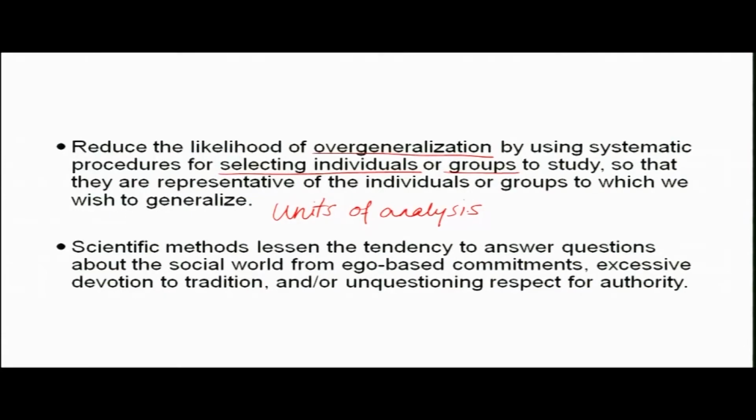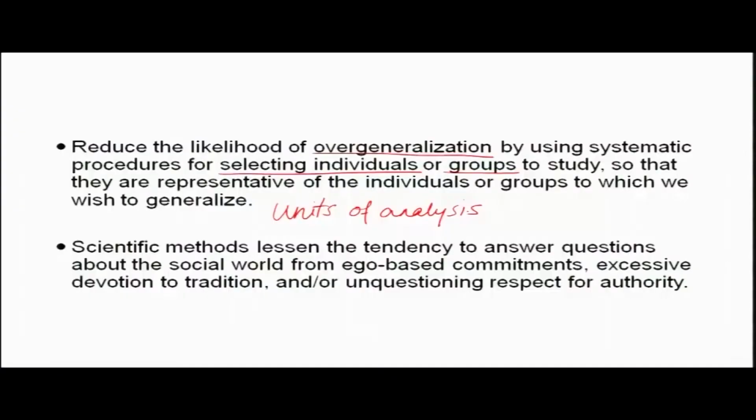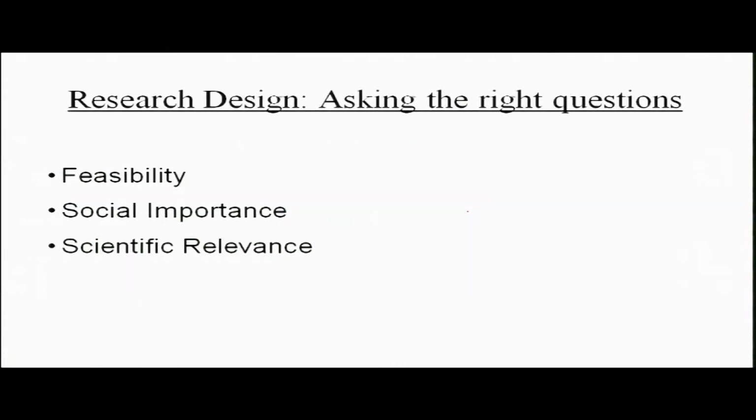So here we are trying to do research about the social world, and answer questions free from several of these parameters such as ego-based commitments, or devotion to tradition. That is only going to introduce some sort of bias to the research. So the importance of adopting these scientific methods is very, very crucial.